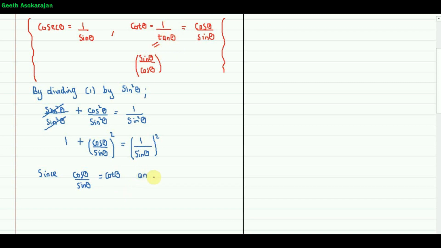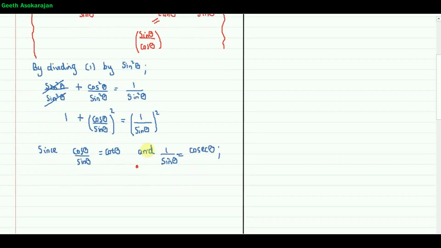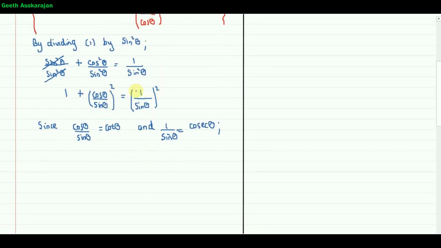And since 1 over sine theta is equal to cosec theta, bearing in mind these relationships, we can rewrite the above equation as 1 plus cos theta over sine theta is cot theta. Don't forget the square, so it's cot squared theta. And that is equal to 1 over sine theta, which is cosec theta. Don't forget the square, so it's cosec squared theta.